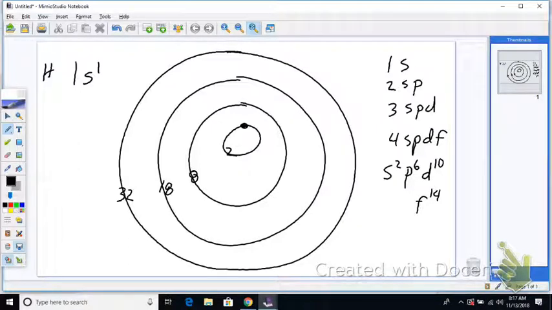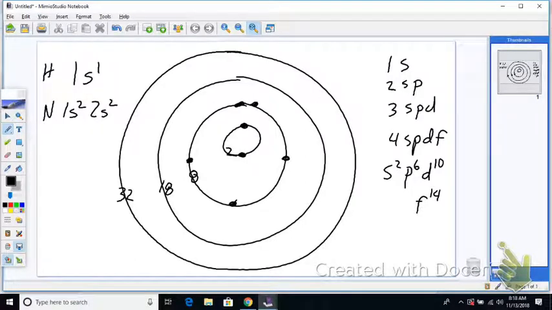Then we also did nitrogen, and nitrogen had 7. So we knew that 2 was in the first level, and we knew that 5 was in the second level, but they were different sub-levels. 2 of them were in the S, because the S's always come first.